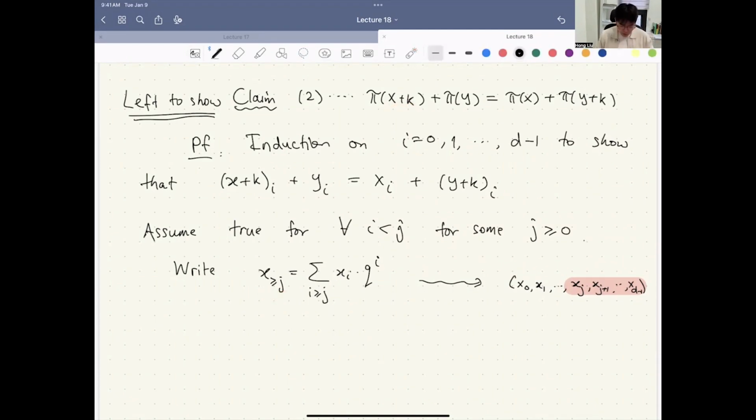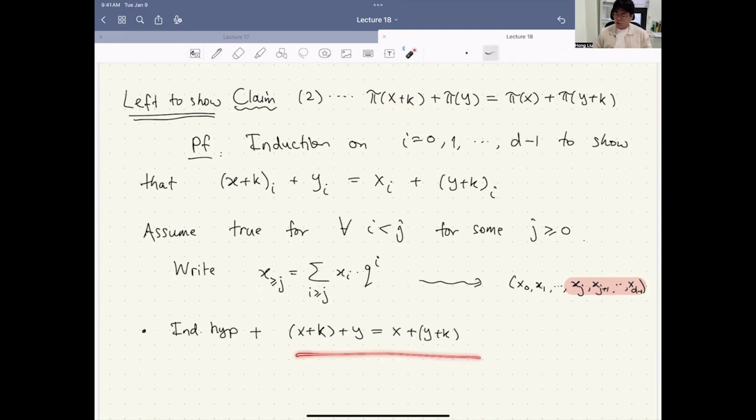Let me write it down. Induction hypothesis plus x plus d, just as a number, the grid point, equals k. It's x plus y plus k.